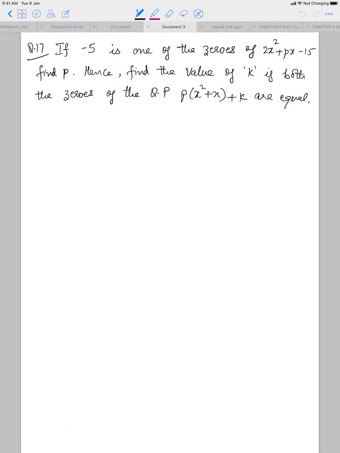Next, question number 17 is, if minus 5 is one of the zeros of the given polynomial, find p. We'll read the rest of the question later on. First, complete till here. If minus 5 is one of the zeros of the given polynomial, let us assume the polynomial as p(x). This is the polynomial given to us, and it is given minus 5 is one of the zeros.